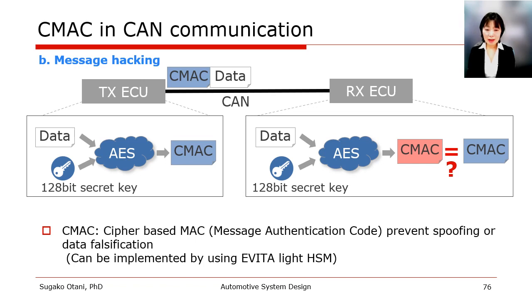Illegal access into the in-vehicle network can be detected and eliminated. High-speed crypto is one of the important factors to implement CMAC in bus communication in order not to degrade system performance. The target speed depends on the use case, so careful design is necessary.